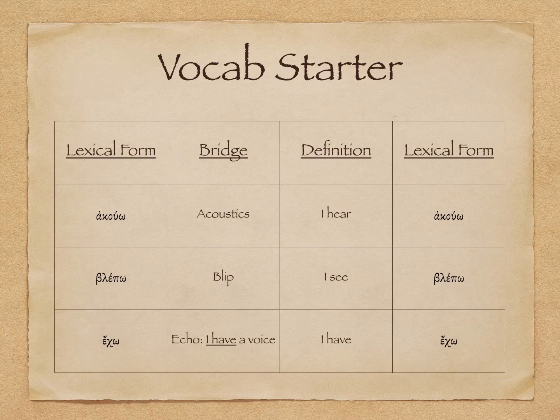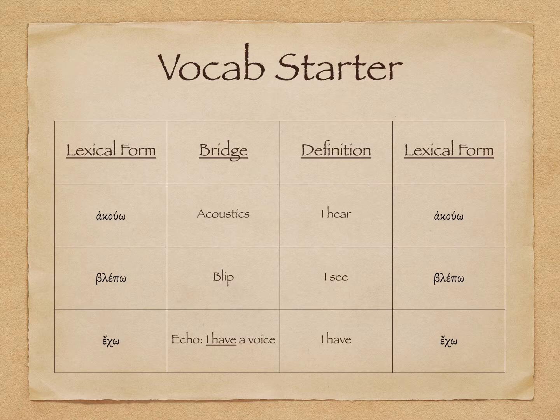Each chapter of Mounce for the next several weeks will have vocab, and I want to get you started with some vocab. This is a chart that you can make on your own, and this kind of a chart helps students to know the words for themselves. And you'll notice the second column has the word bridge.